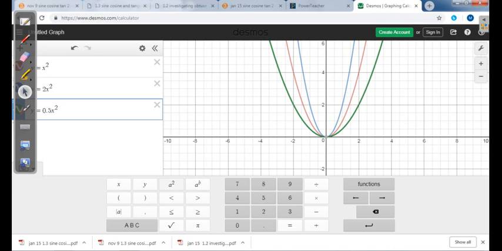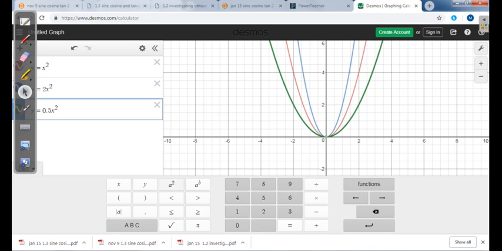Now, can you compare the new green function, which is 0.5x squared, to the original one, which is the red one? Wider. Okay? So it's wider.